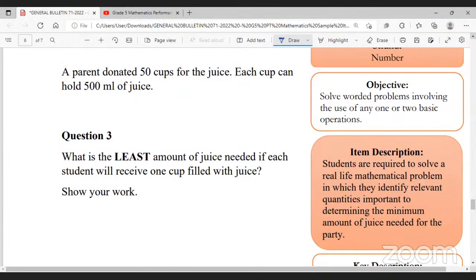So what we should pay attention to is, again, the 42 students, right? If we have 42 students, and each student must get a cup of juice, because that was what was told to us initially, then we can say, if each cup can hold 500 milliliters of juice, we can multiply 42 times 500.